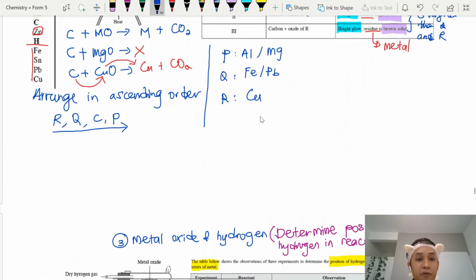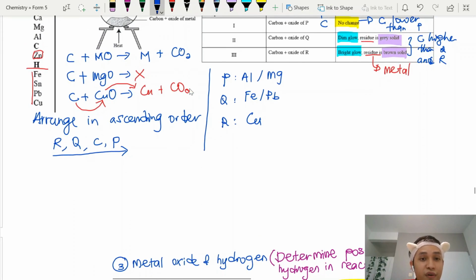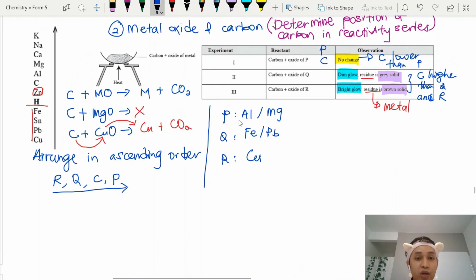Now one final thing before I end the video. Since we are talking about redox reaction, we need to know oxidation and reduction. If I take this as the reaction for carbon, I need to know which one is oxidation and which one is reduction. This one is very simple.